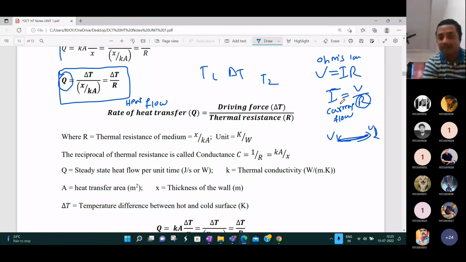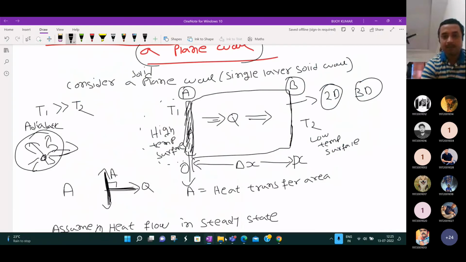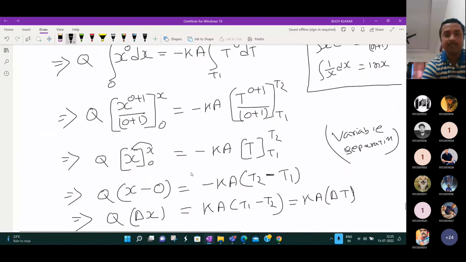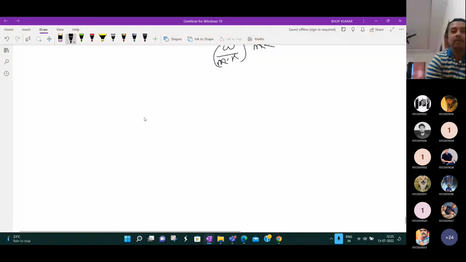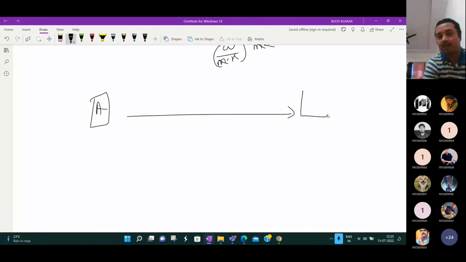Resistance means, to flow, how much resistance will be there. Suppose one person is here, you are here, okay? You have to reach this destination. So this is your driving force, or that distance is your driving force. From your home to college, you have to reach.